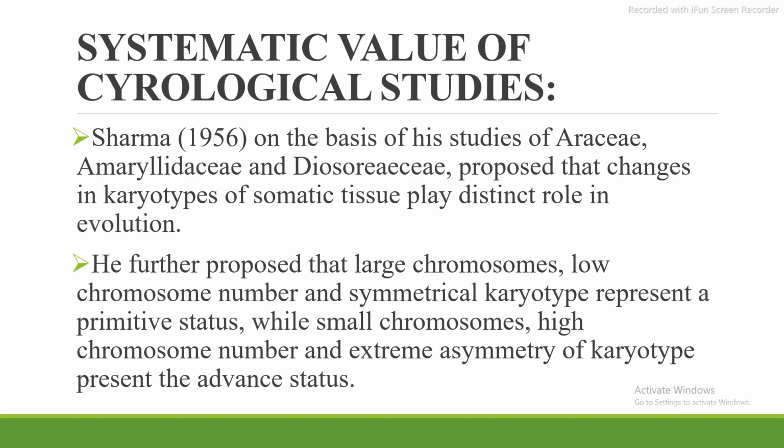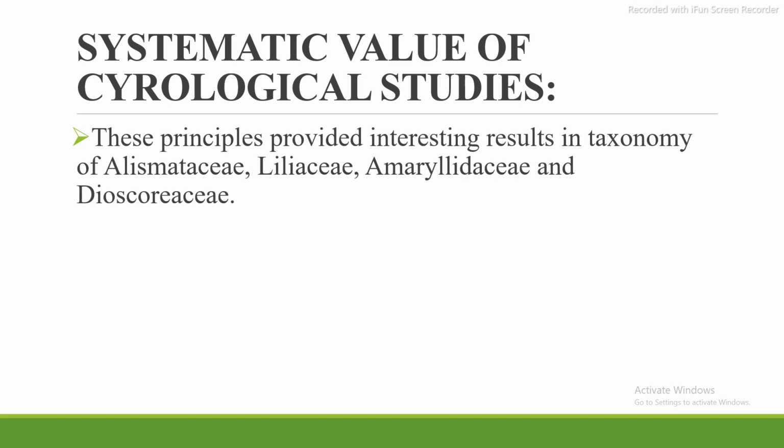He further proposed that large chromosomes, low chromosome number, and symmetrical karyotype represent a primitive status, while small chromosomes, high chromosome number, and extreme asymmetry of the karyotype represent the advanced status. These principles provided interesting results in the taxonomy of the Alismataceae, Liliaceae, Amaryllidaceae, and Dioscoreaceae.